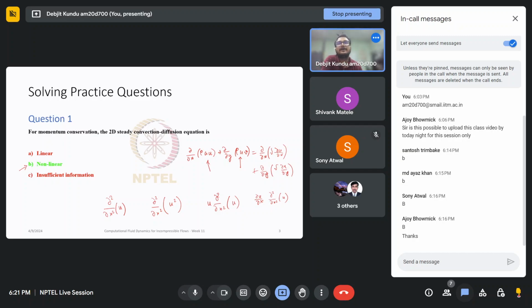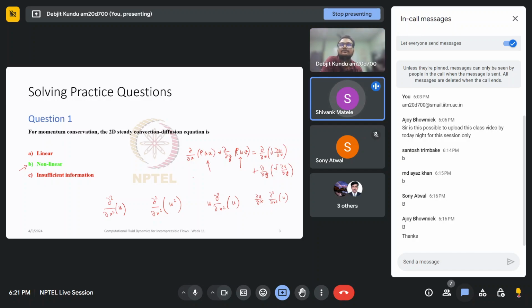If any u or v is getting multiplied by itself, or u is getting multiplied by v, then the order of that, if it is 1, then it's linear. If it's getting multiplied by either u or any derivative of u, then it would make it nonlinear. That's it, a clear cut definition.